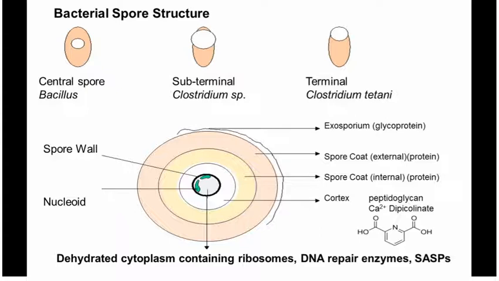And then if you've got peptides or sugar molecules, they can diffuse in here and get to the cortex. So once they're in here, they'll stimulate the release of the dipicolinate, which will diffuse out again. And this will activate enzymes that start to degrade the spore coat.